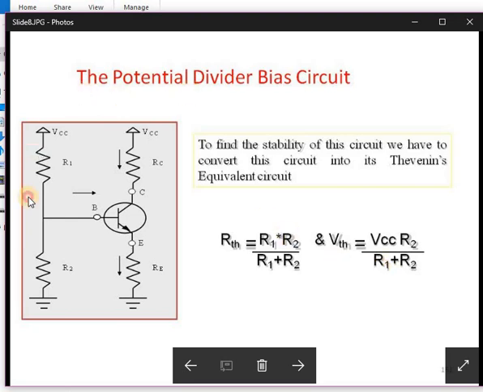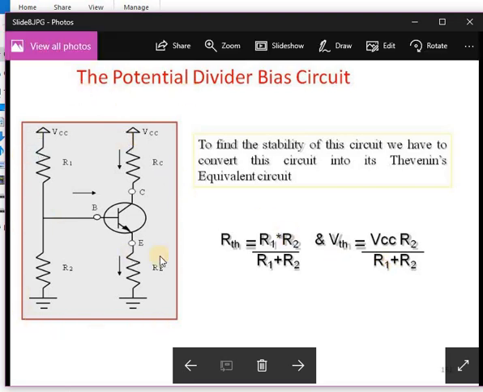So the whole circuit is converted into an equivalent resistance and equivalent voltage: RTH is equal to R1 R2 by R1 plus R2, and VTH is equal to VCC into R2 by R1 plus R2.